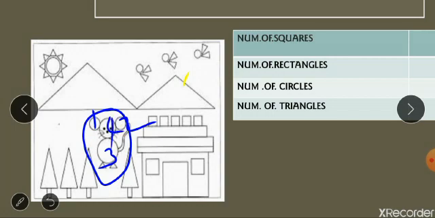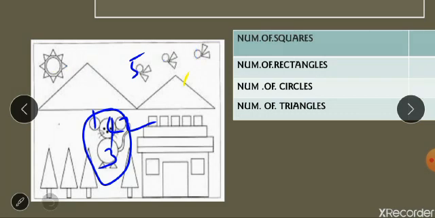And also the bird's face. The head portion of the bird is a circle, that is 5, 6 and 7. And the sun is there. The sun shape is there and the inner shape is a circle, that is 8. So totally you have 8 circles.